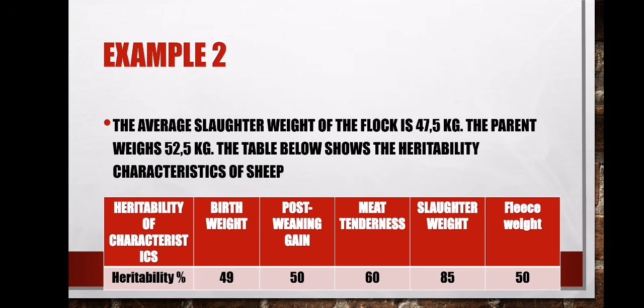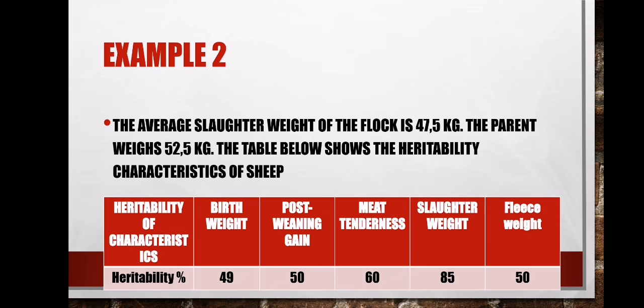Then they say the table below shows the heritability characteristics of sheep. You have the weaning weight, which is 52.5. You have the average weaning weight, which is 47.5. Then you have the table here.